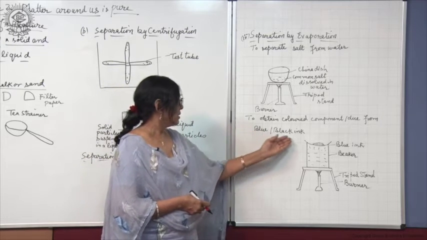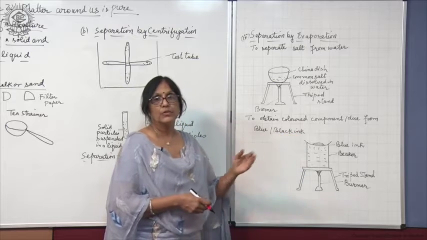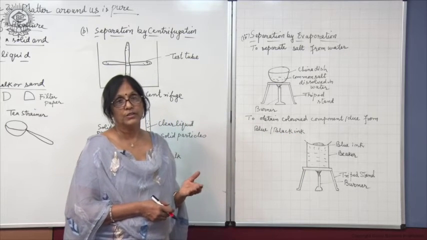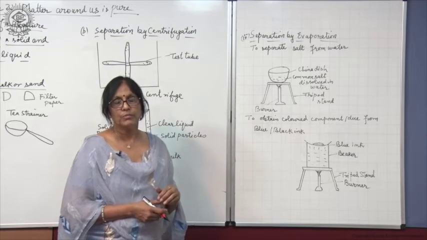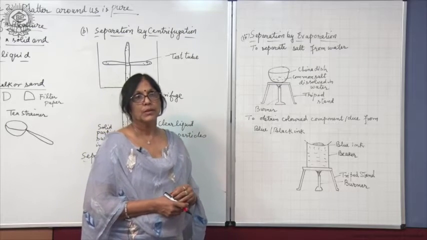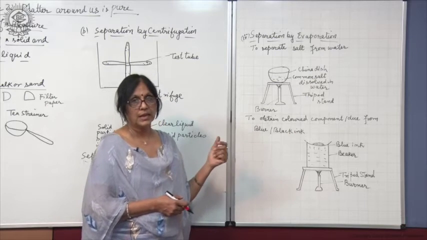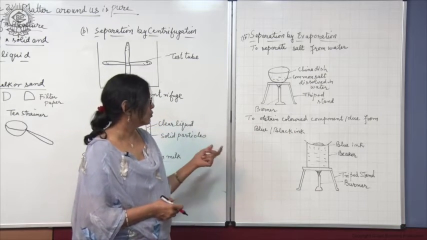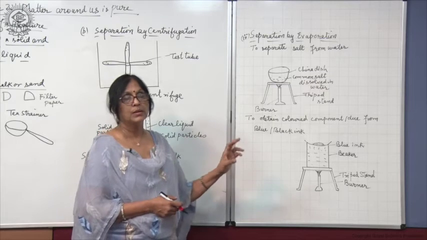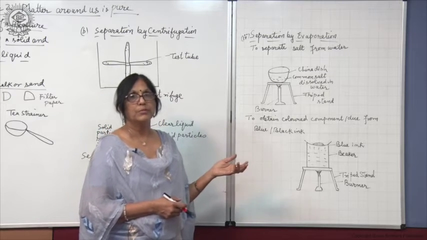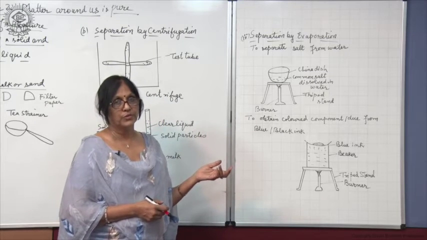You must have seen blue black ink at home. Nowadays, of course, it is not much in use, but this blue black ink is a mixture of a dye in water. Now, how to separate it? Because it is soluble in water, it also can be separated by evaporation.